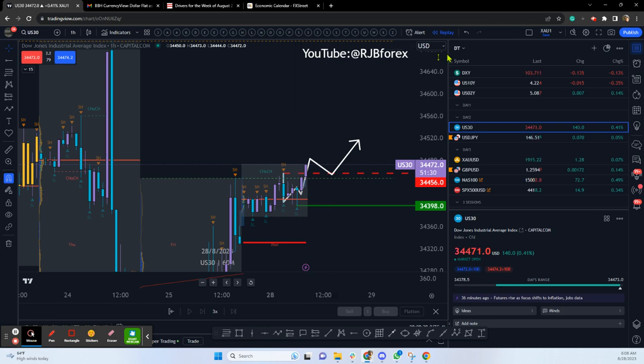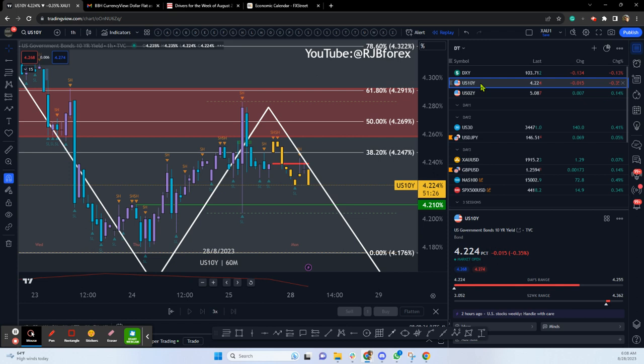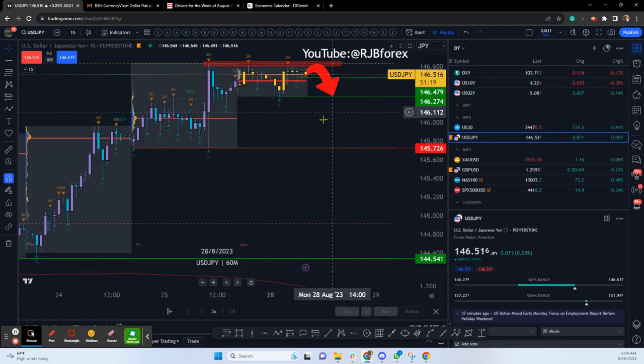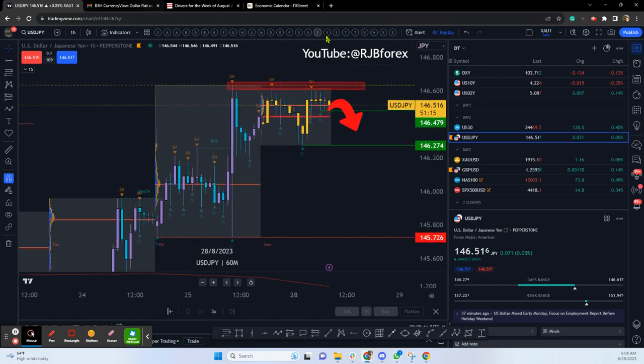But what are we expecting to see? We've got yields coming off in both the 10 and the 2 year. So what should that be doing to the US dollar? Weakening it, and dollar yen weakening it. Yeah. So we've got resistance at the top, exactly, bearish, yes.